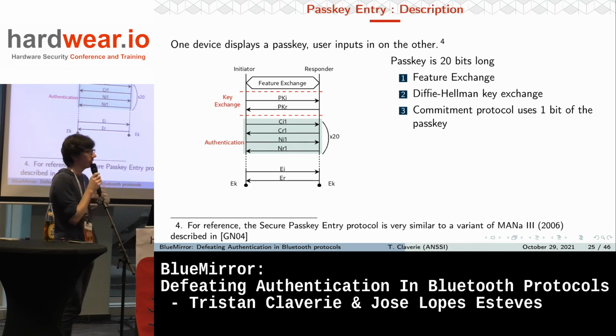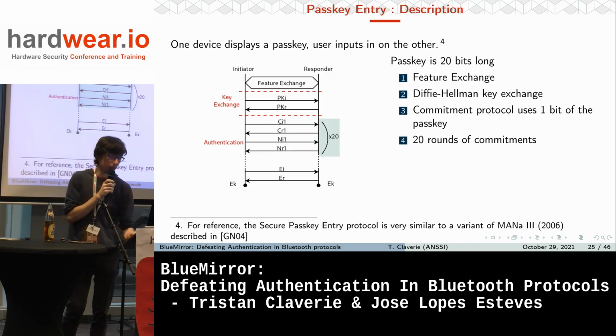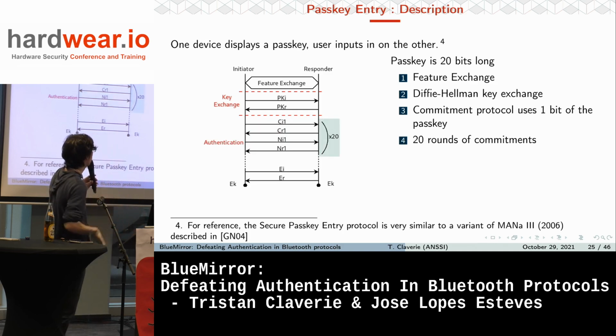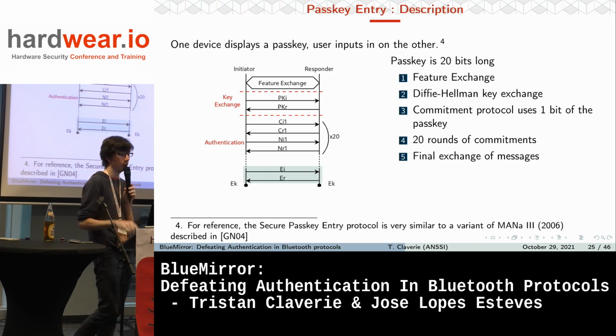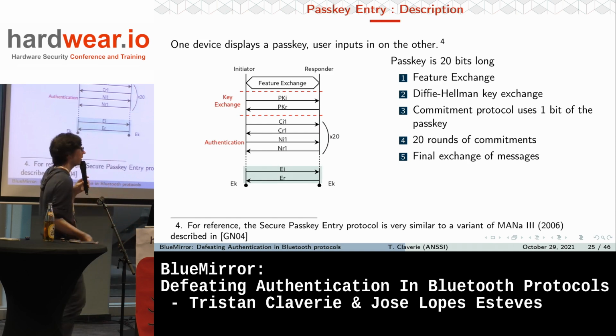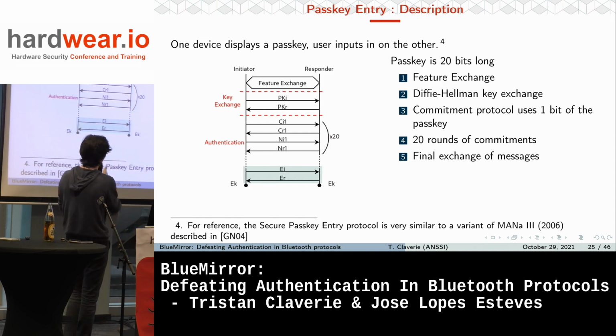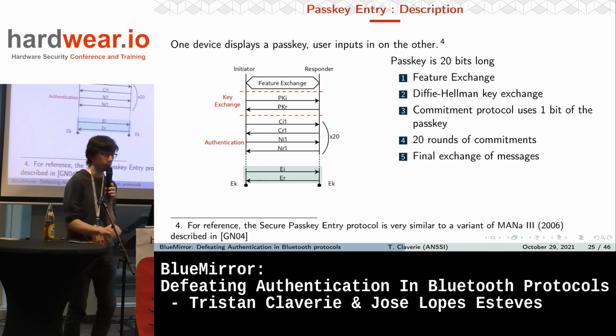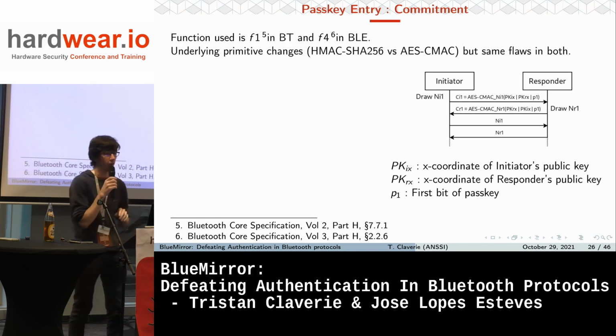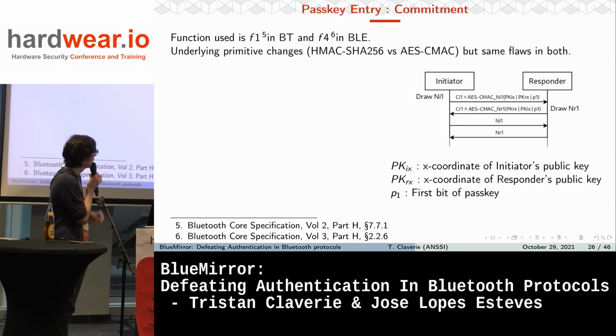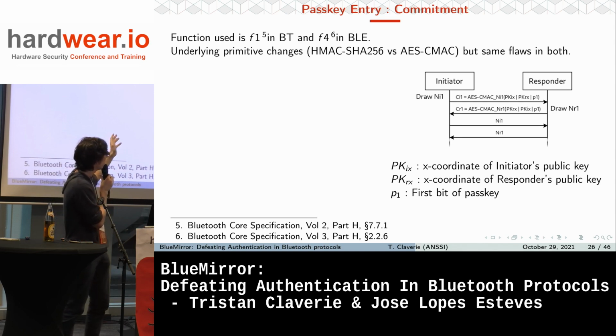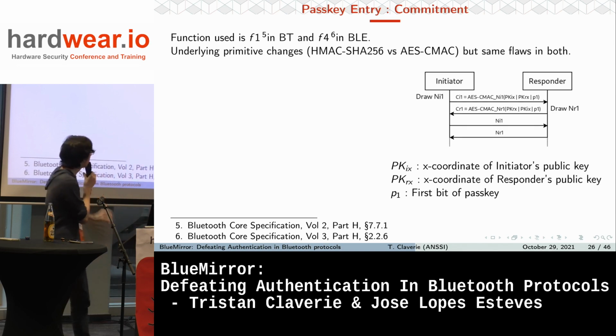And because they've only used 1 bit of the passkey and it's 20 bits long, they do this 20 times. And there is a final key confirmation step, at the end of which both devices are successfully paired and they share an encryption key. So let's look a bit more closely at the commitment protocol.